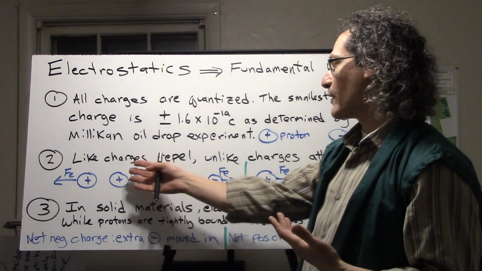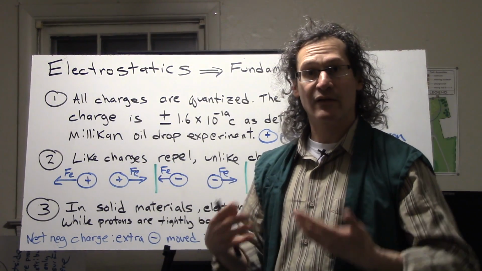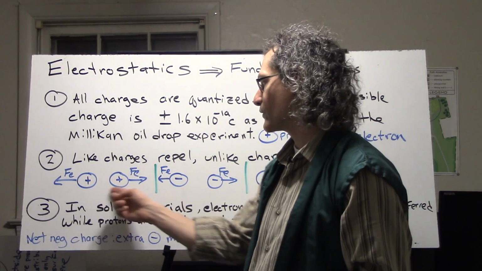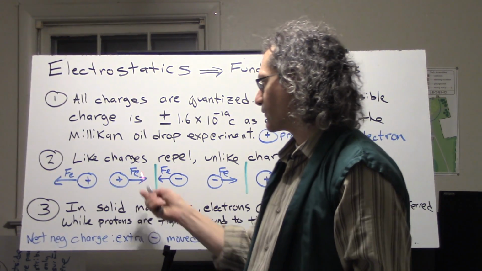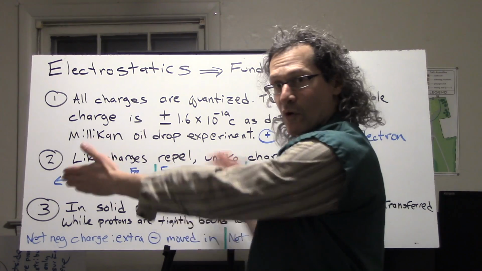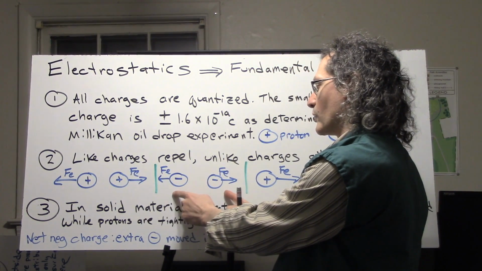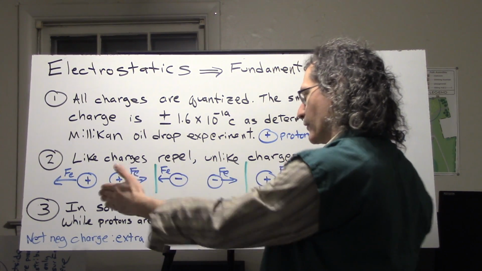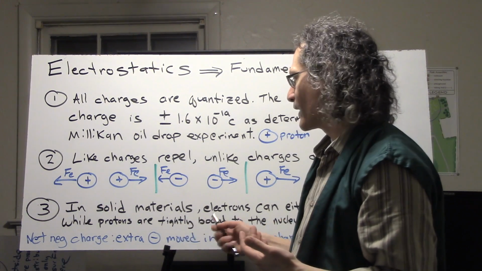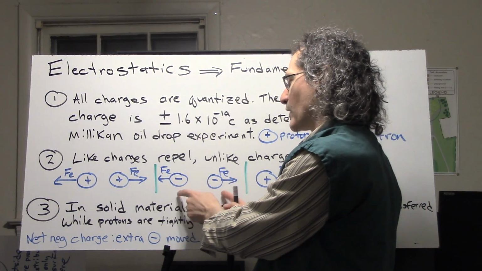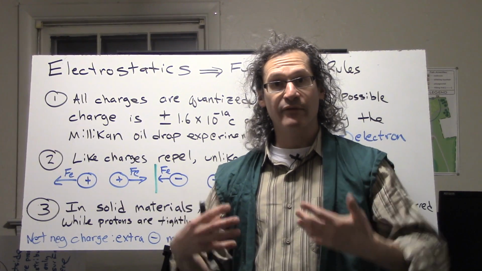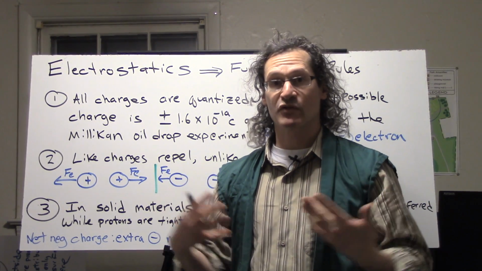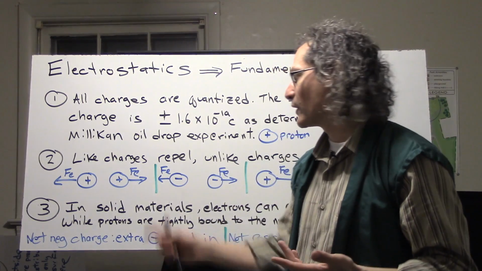We also determined that like charges repel. So if you have two positive charges, they're going to feel an electric force that repels them away from each other. Two like charges that are negative also will feel this repulsion. It just so happens that the accelerations will be much greater here due to the fact that electrons have a mass that is much, much smaller, about 1,800 times smaller than protons.